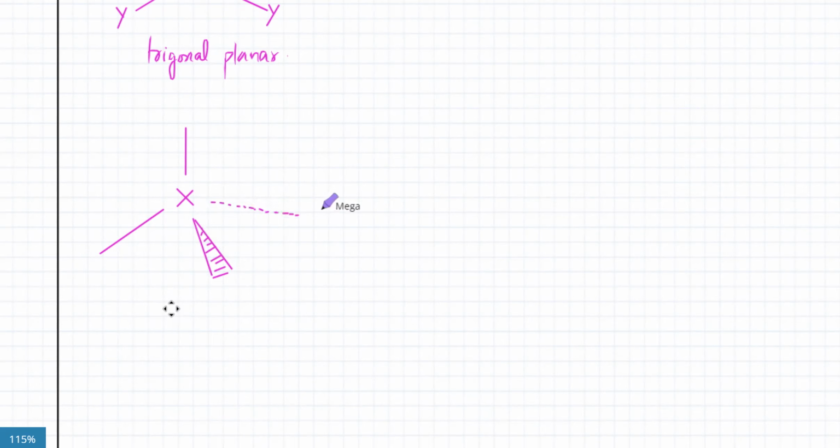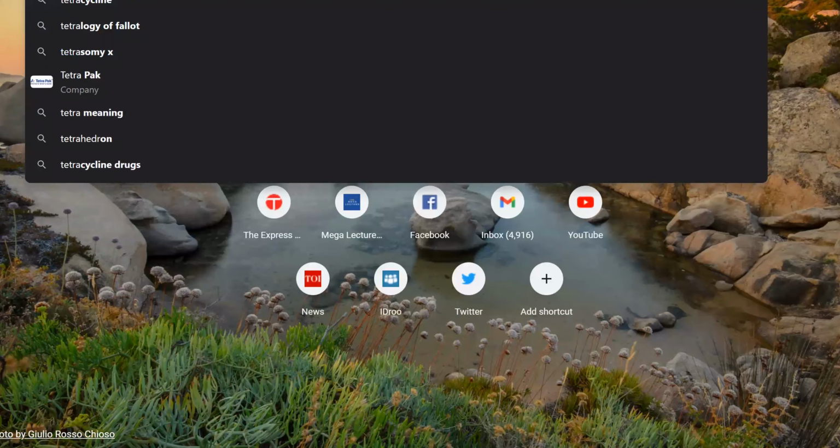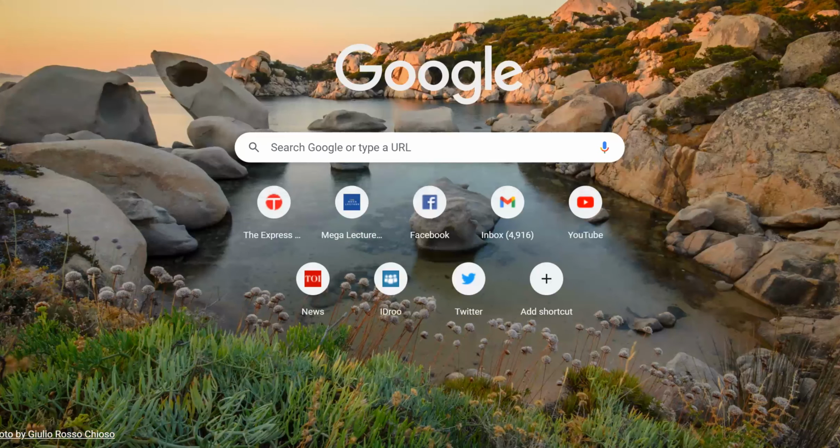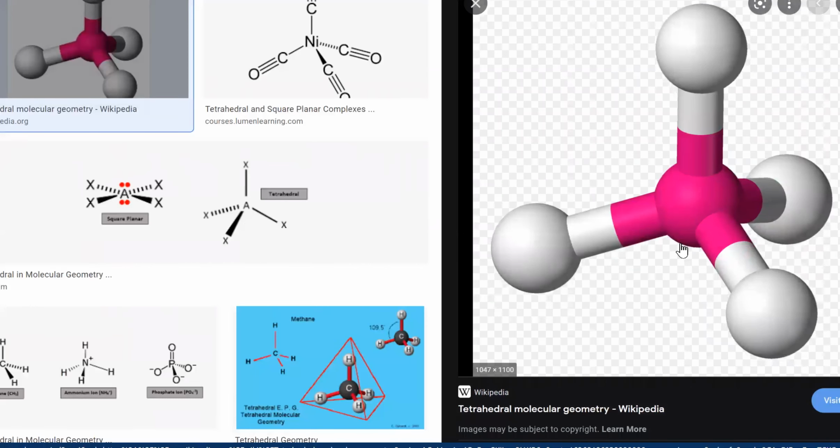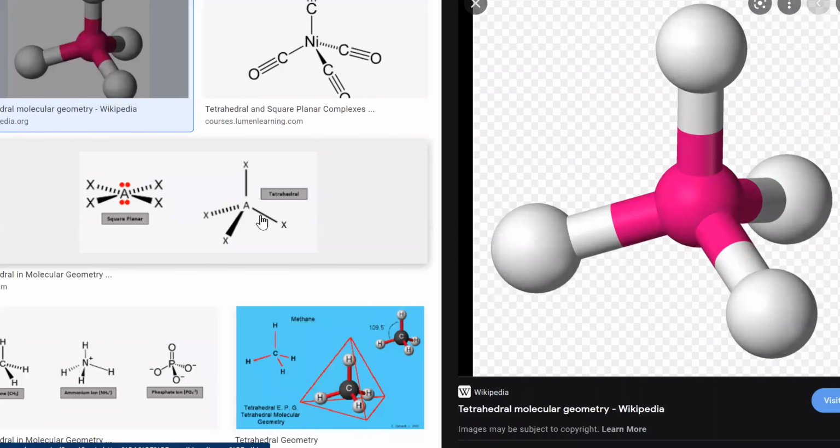So that's what a tetrahedral shape looks like. It's a very symmetrical shape. All the angles are exactly the same. So this is what a tetrahedral shape in 3-dimensional looks like.